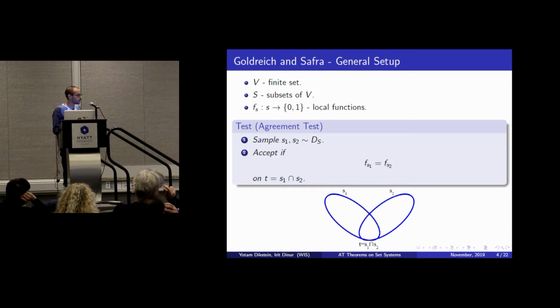Our test is now as follows: we sample two sets that intersect according to some known distribution, and we check whether our local functions agree on all the vertices in the intersection between the two sets we sampled.